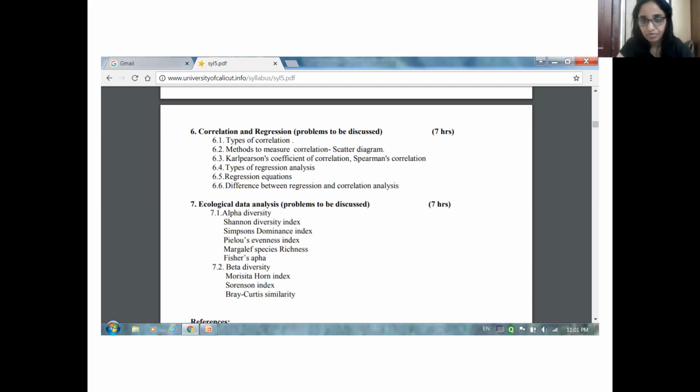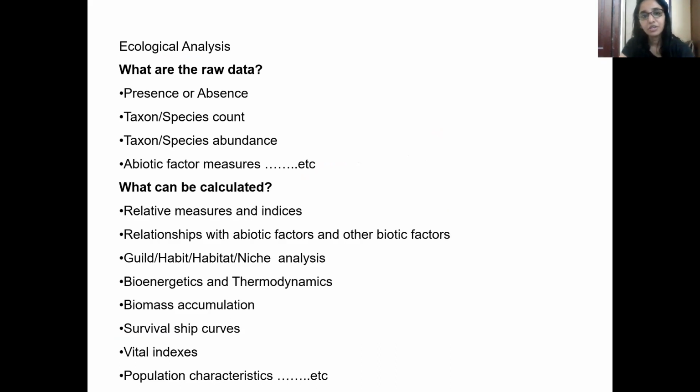Anyway, now, before we go into ecological data analysis or ecological statistics, what we have to first understand is what is the type of data which we are going to handle. So unlike the conventional statistics which you learned, the descriptive statistics and the inferential statistics in the previous modules, this is something absolutely new.